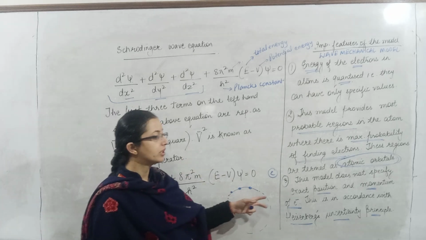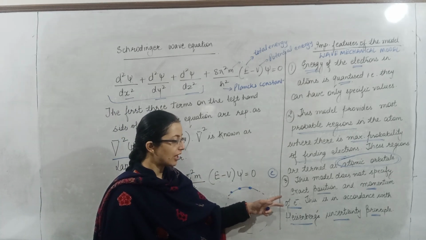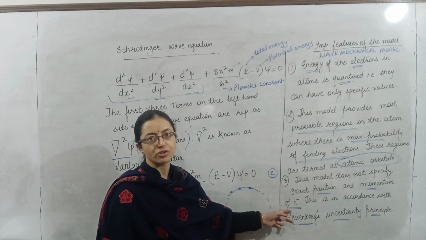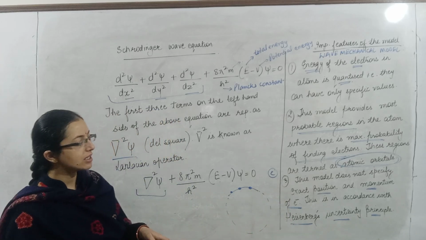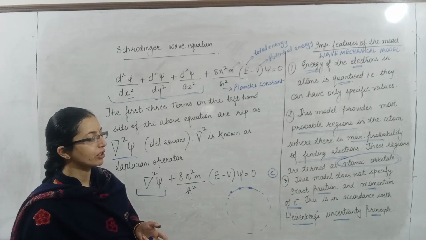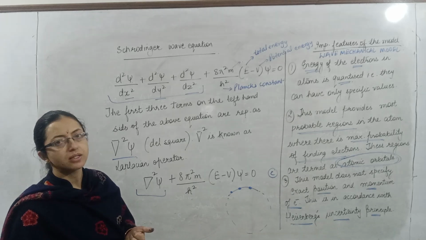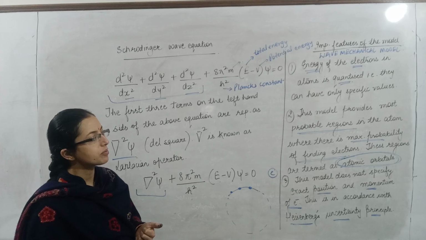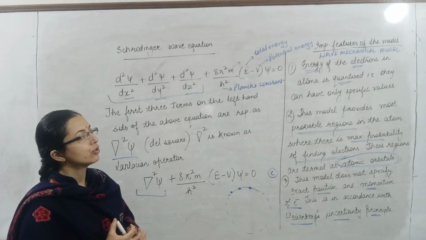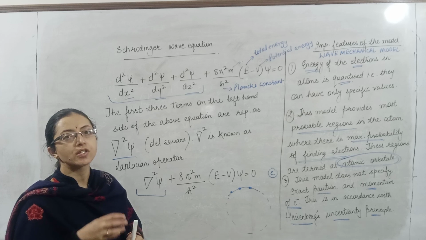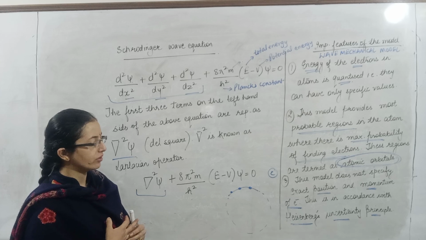So this model does not define the exact position and momentum of electron. ठीक है, मतलब ये हाइसेनबर्ग uncertainty principle को follow करता है. It is based on Heisenberg's uncertainty principle and it also follows the de Broglie's concept of dual nature of matter because it considers the wave nature of electron.